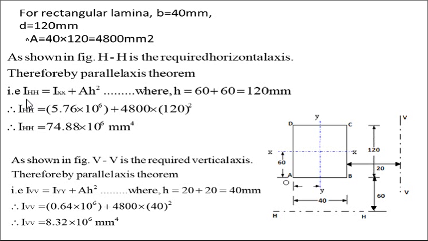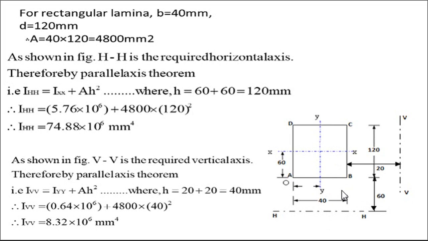IXX we already found, because IXX is the moment of inertia about the XX axis at the centroid. A is the cross sectional area of this lamina. H is the distance from the center of the lamina, from the centroidal axis to the axis about which we have to determine the moment of inertia.